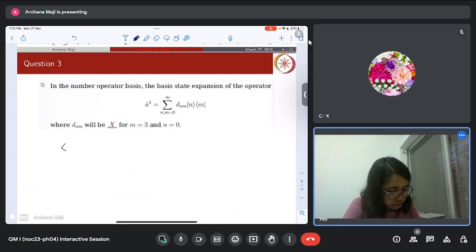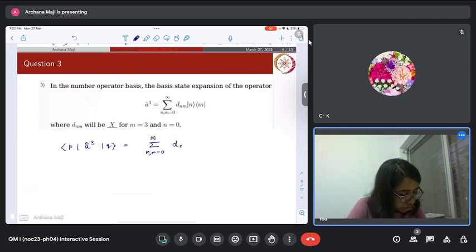Again, you take the matrix element with respect to p and q, n comma m both run from 0 to infinity, d_nm <p|n><m|q>.